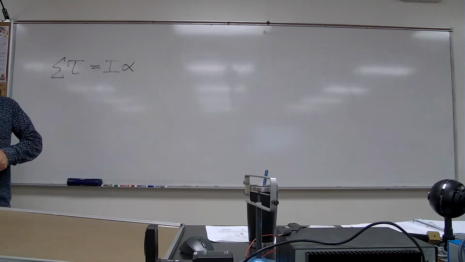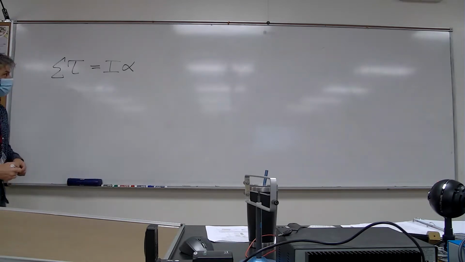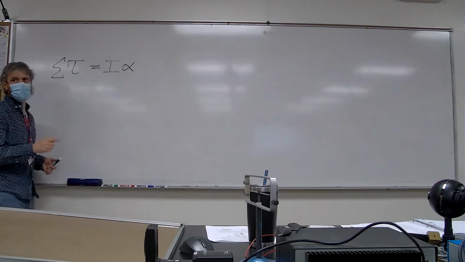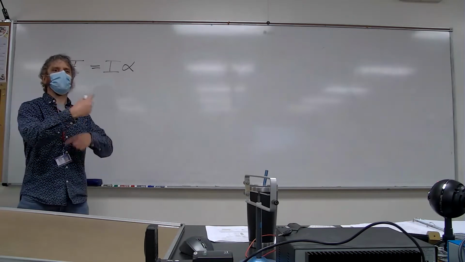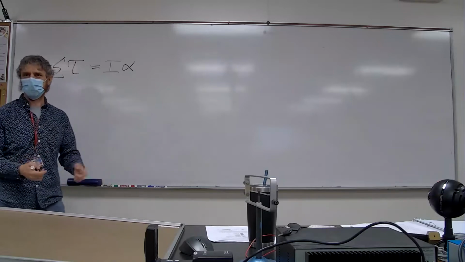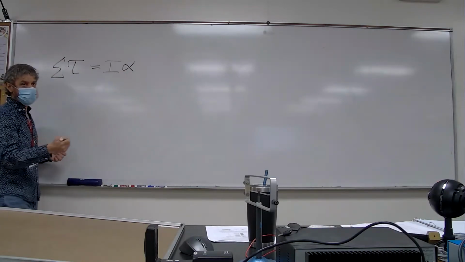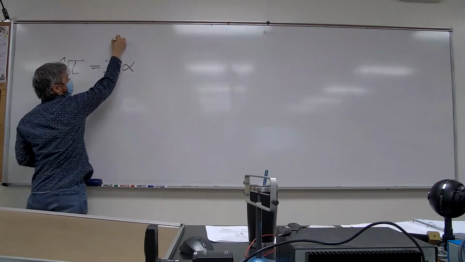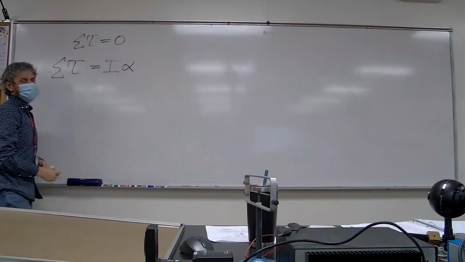But then we talked about equilibrium situations, not translational equilibrium, but rotational equilibrium. And if we're in rotational equilibrium, we're either at rest or we're spinning at a constant angular velocity. In either case, the angular acceleration is 0. So the right side of this equation is 0, which implies that the net torque must also be 0.